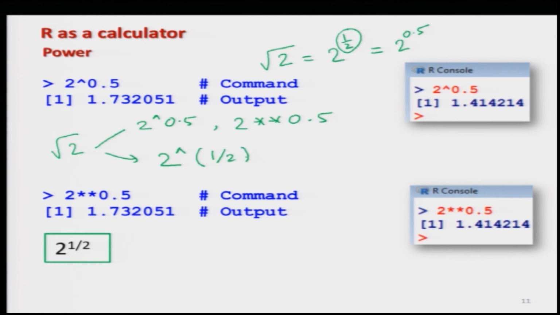I will try to show you that all these things work, but the moral of the story is that if you want to find out the power of a number, that is valid for integers as well as for fractions, and you have to use it in exactly the same way as you have done earlier.